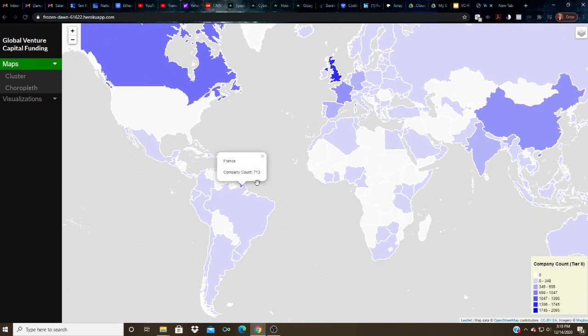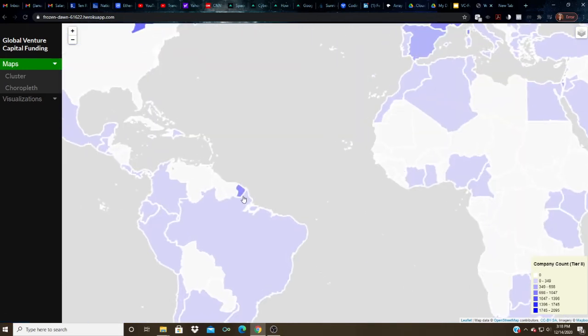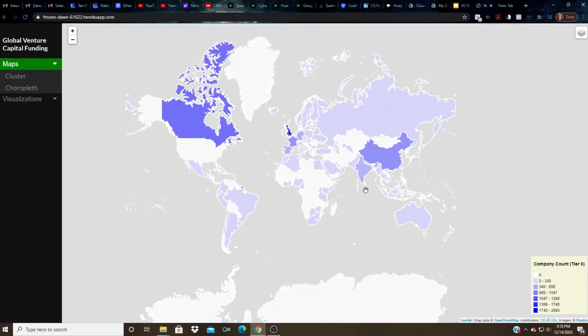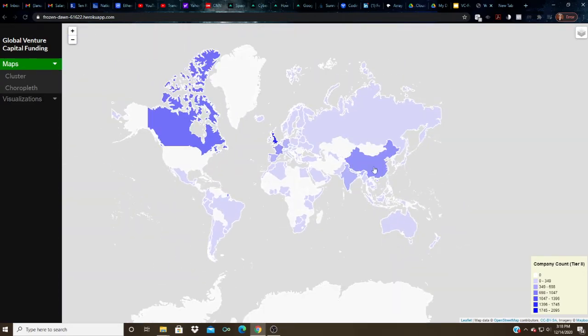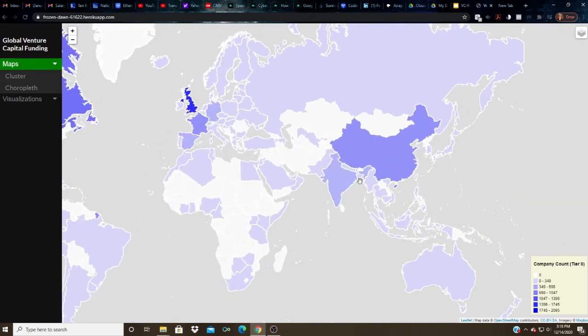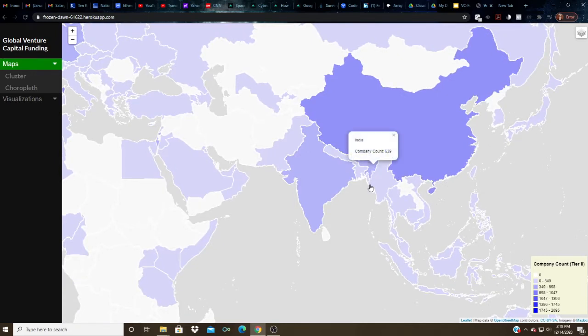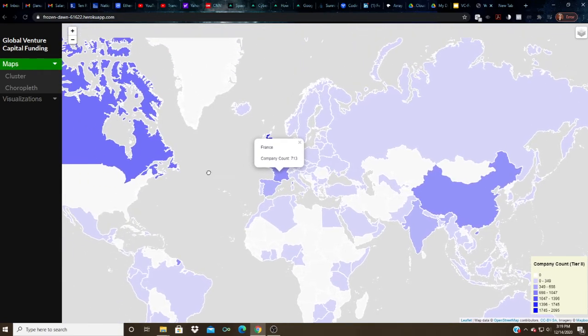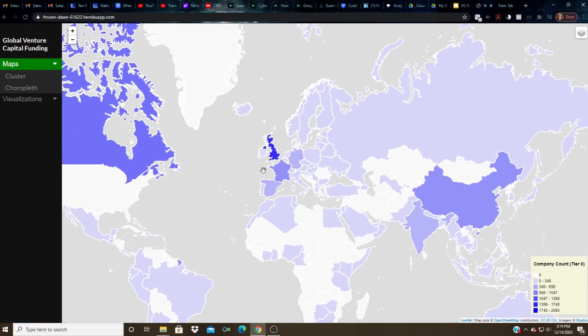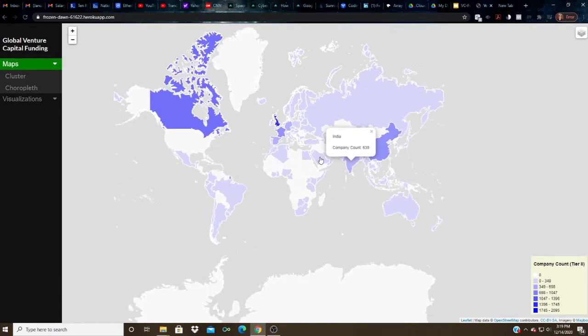It looks like Western Europe, mostly, plus Canada, China, and India have a lot of startups.